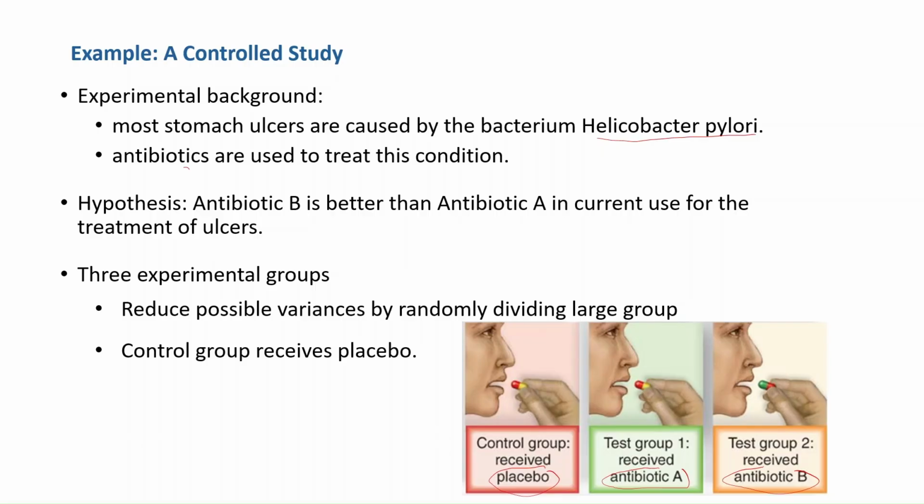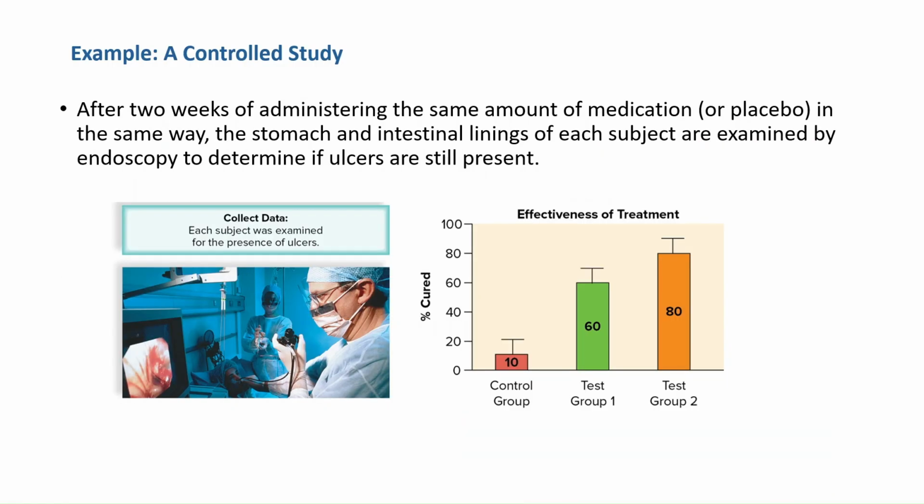But we have 3 groups of people. Like I said, some people get a sugar pill, some get one antibiotic, some take the other antibiotic, for a couple of weeks, and then, to make sure this is very objective, not just the opinion of the people, they did an endoscopy where they put a camera into the stomach to see if there's an improvement. 10% of the people who took the sugar pill improved. Well, these other factors, the stomach self-repairs, so that's not surprising.